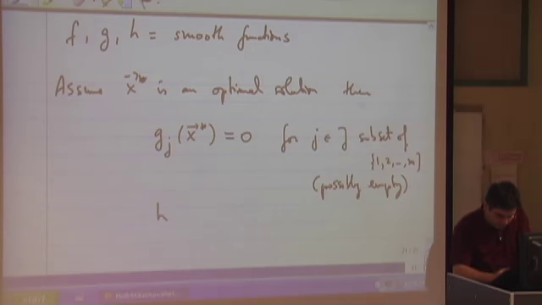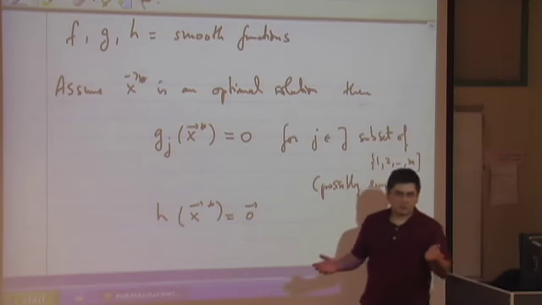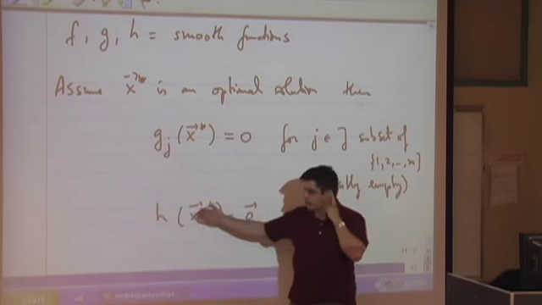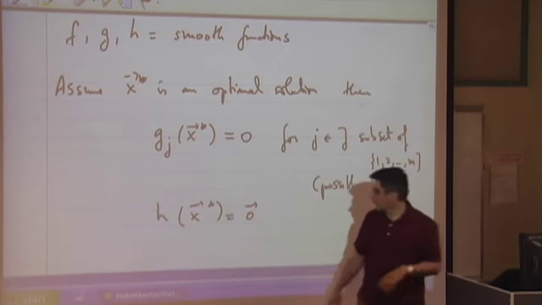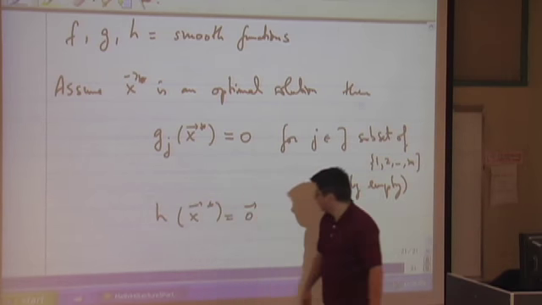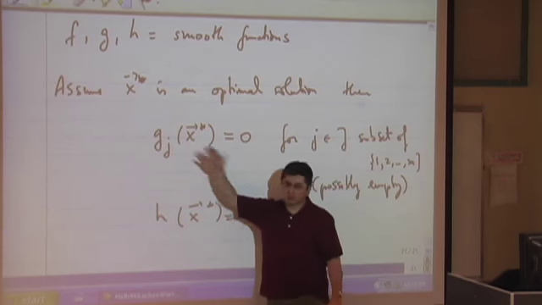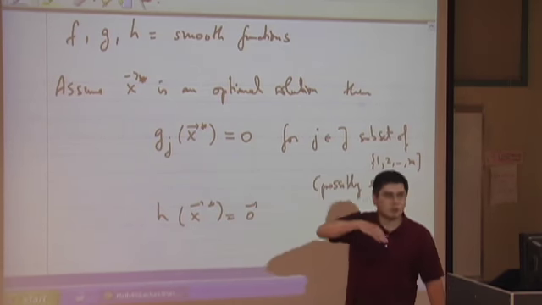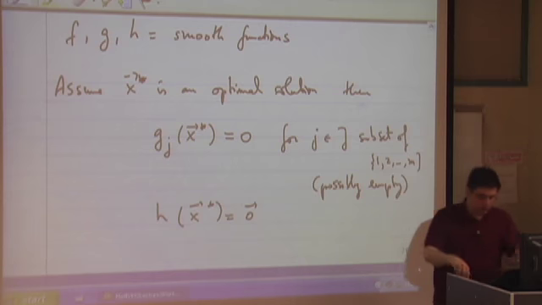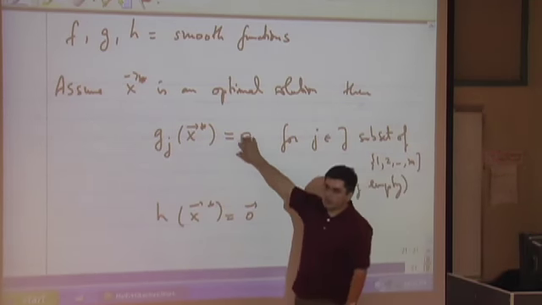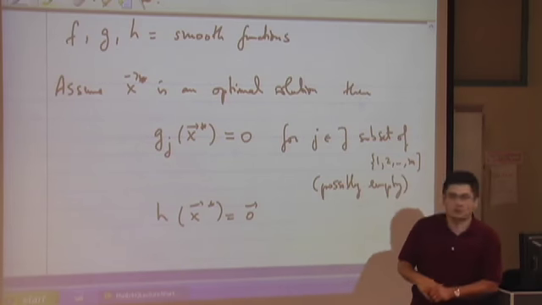And of course h has to be satisfied, because all the equality constraints have to be satisfied. I'm sorry, sometimes I forget to put this arrow, but it's really meant to be a vector, and of course h may be a vector. Here, just some of the inequality constraints are achieved as equality, which makes them binding constraints. Just think about the linear programming situation.